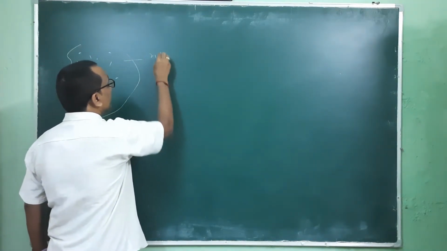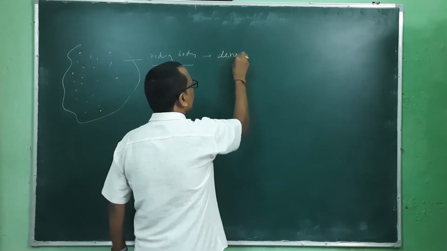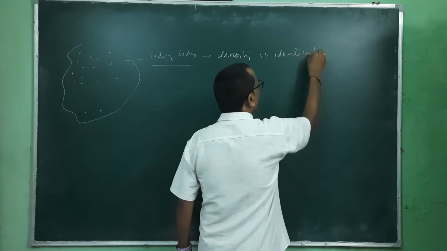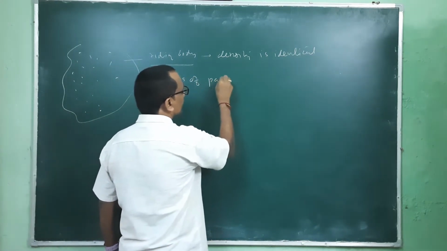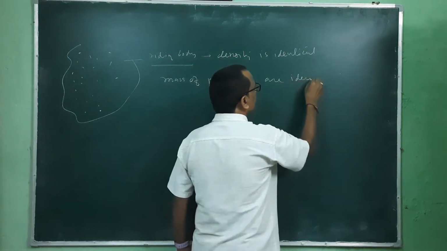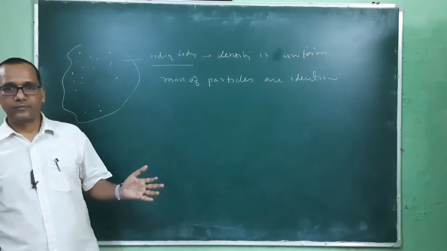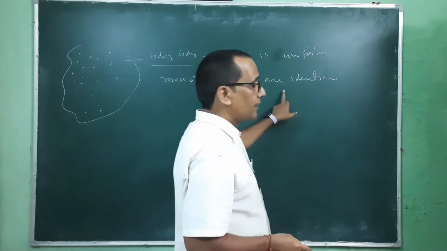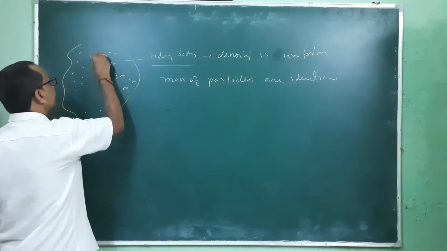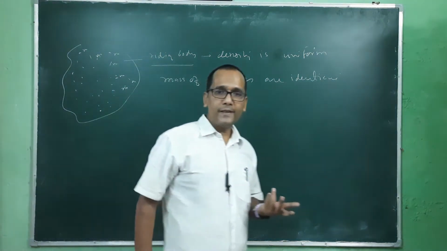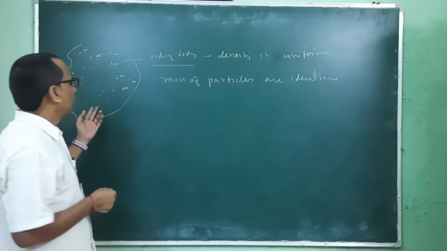The conditions are that the density is uniform, everywhere it is the same, and the mass of the constituent particles is identical. This means we have n particles and each particle is of mass m, and the body is rigid, meaning the positions are unchanged, fixed.